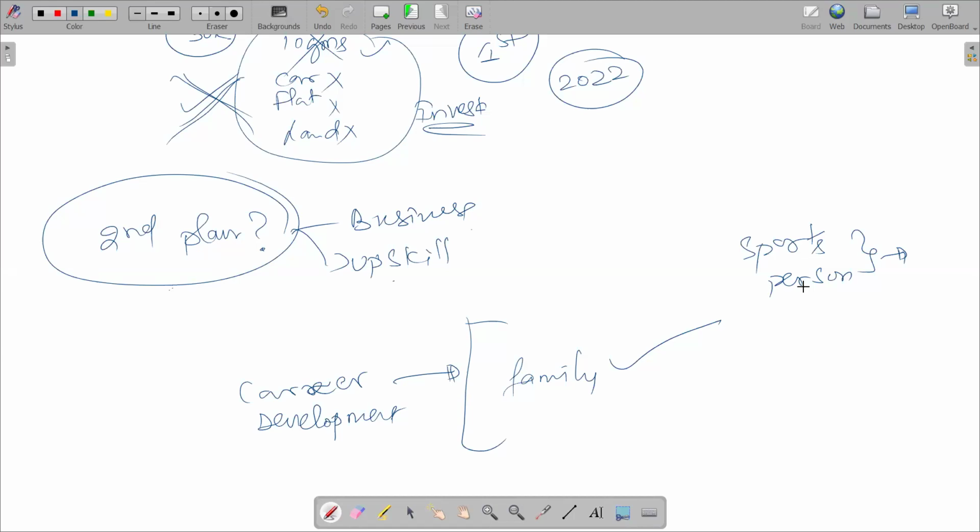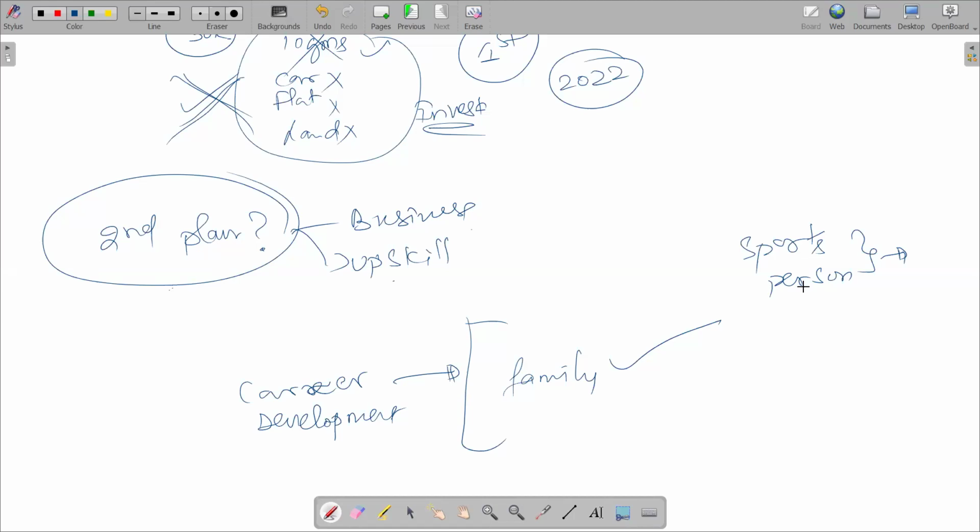Why are they required? Because when they are playing, they need to stay focused. If they fail or get out for a duck, they become demotivated. Then these coaches push them and support them.